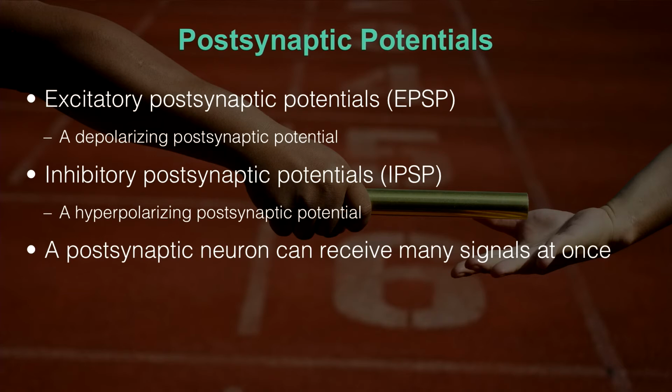And here's the kicker. We've been thinking in very linear serial terms. One neuron connects to one more, and so on down the chain. But one neuron can connect to 1,000 neurons, or 1,000 neurons can converge on one neuron itself. And so there can be 1,000 IPSPs or EPSPs or a mix of the two that all influence the postsynaptic neuron.